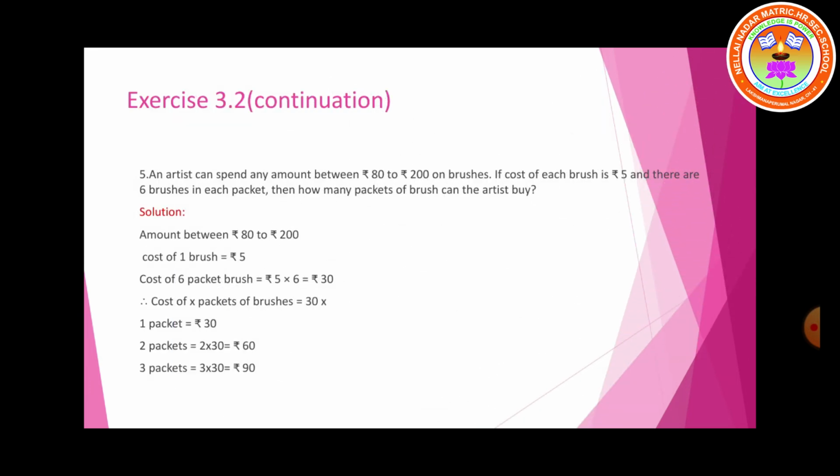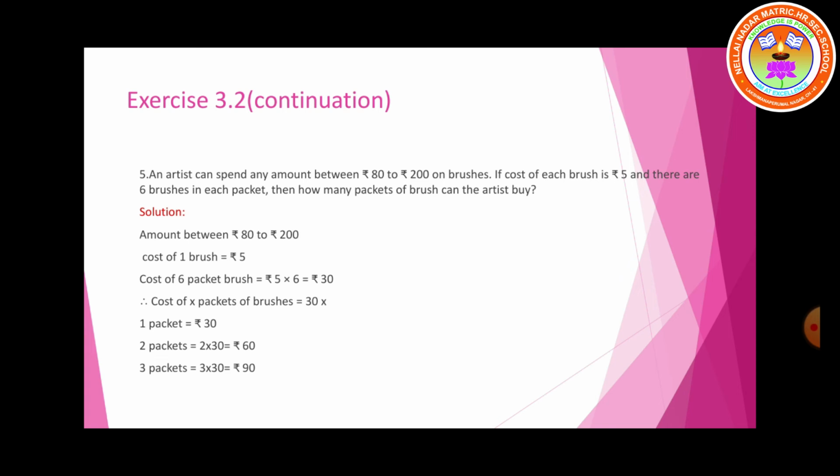An artist can spend any amount between rupees 80 and rupees 200 on brushes. If the cost of each brush is rupees 5 and there are 6 brushes in each packet, then how many packets of brushes can the artist buy? Amount between rupees 80 to 200. Cost of one brush equals rupees 5. Cost of a packet of 6 brushes equals 5 into 6, rupees 30.